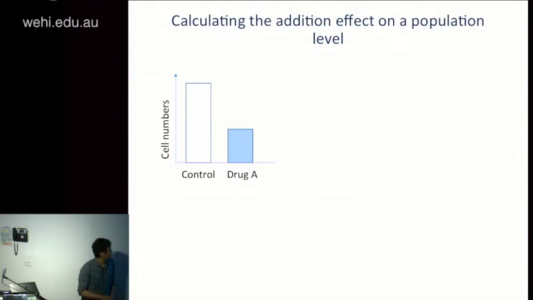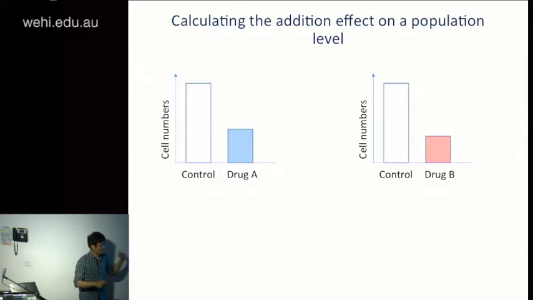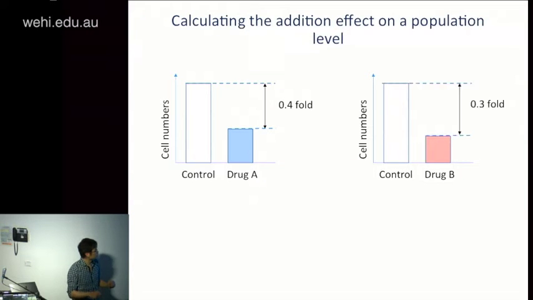Here we have drug A, and here we have drug B. Drug A decreases the total cell numbers by 0.44, and drug B in comparison to control is 0.34.